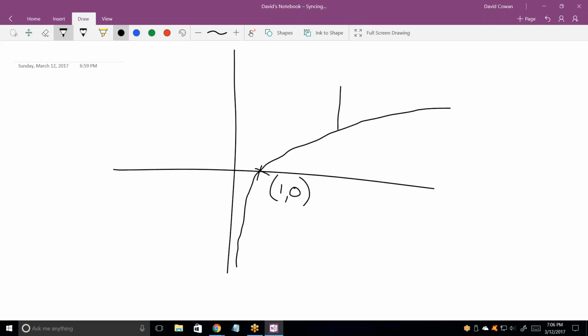In other words, if I don't put any labels on the x and y axis, that could be y equals log base 10 of x, where that's x and that's y. But it could just as easily be y equals natural log of x.